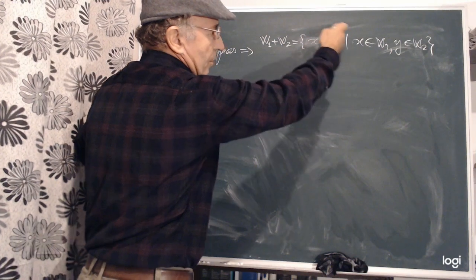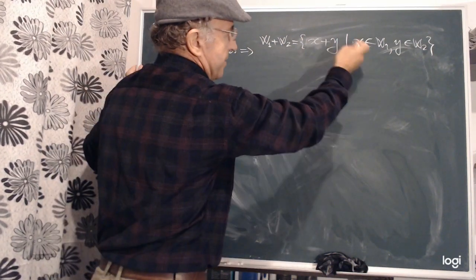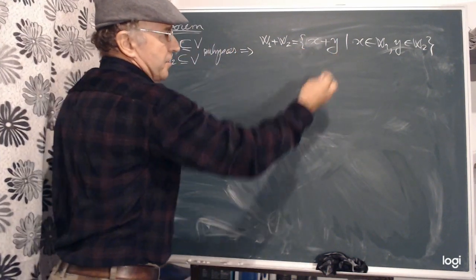The set of all the vectors having this form, which can be obtained in this way.